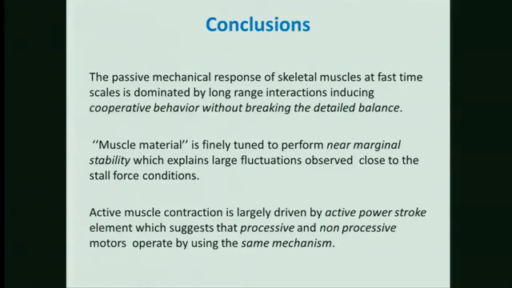And finally, active muscle contraction can be driven by an active power stroke element, which suggests that, in fact, processive and non-processive motors can operate by using the same mechanism. And of course, I didn't say enough about this last conclusion.